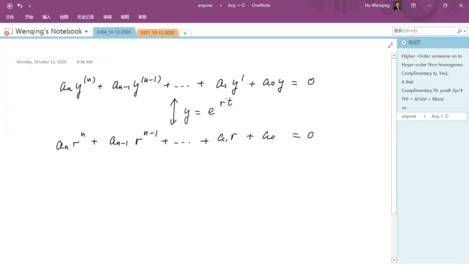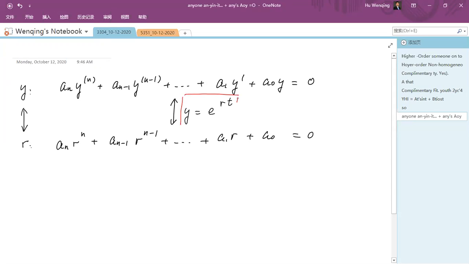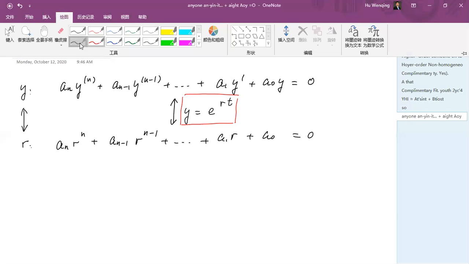Is that good? So there is actually a relation between the y equation and the r equation. They are connected with each other by this very simple transformation principle that y is equal to e to the power rt. Which means that from the y, you can calculate the r.